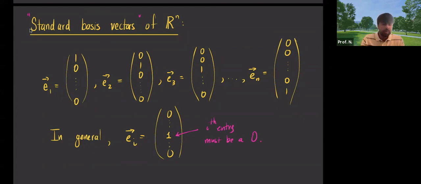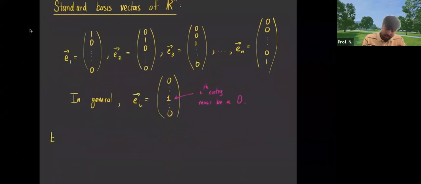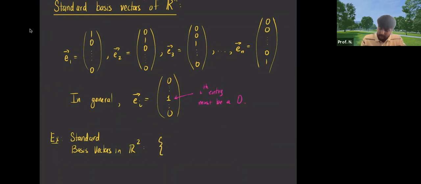So in R2, what's going to be the standard basis in R2? So, example. We have E1, right? Which is what? 1, 0. And we have E2, which is what? 0, 1. And that's it.